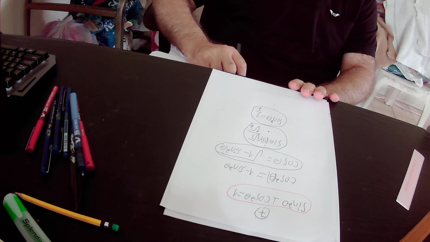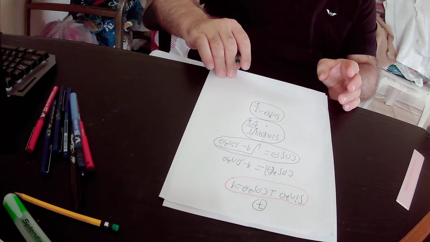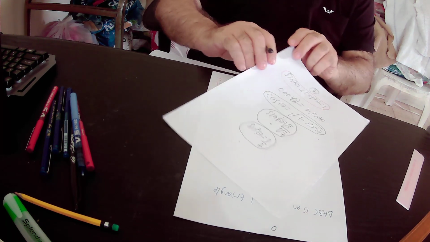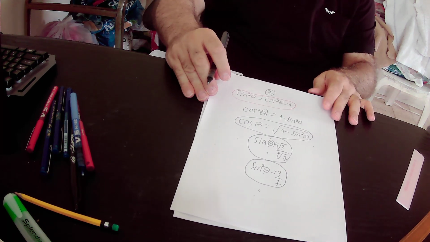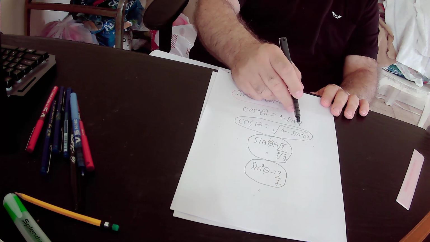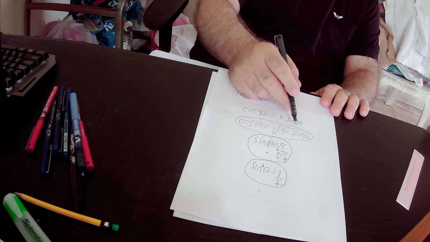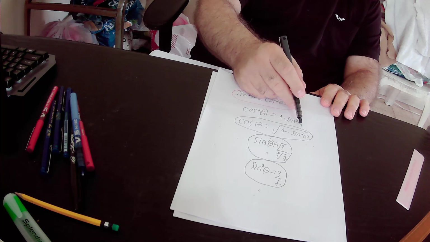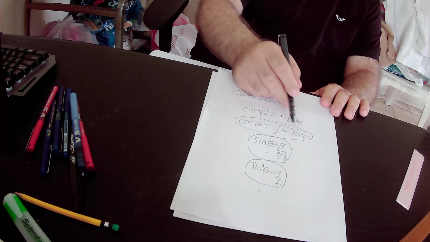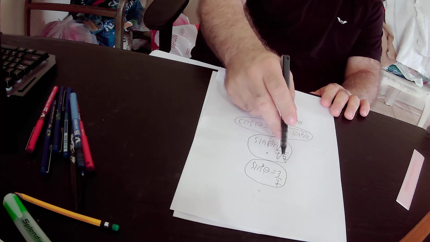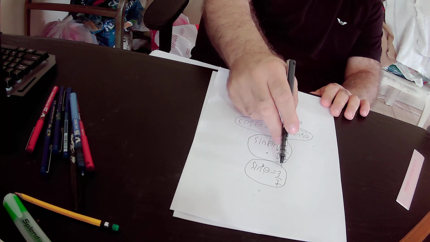Okay, so we actually can substitute sinus theta squared in this equality by 3 over 7, because sinus theta squared equals to 3 over 7.